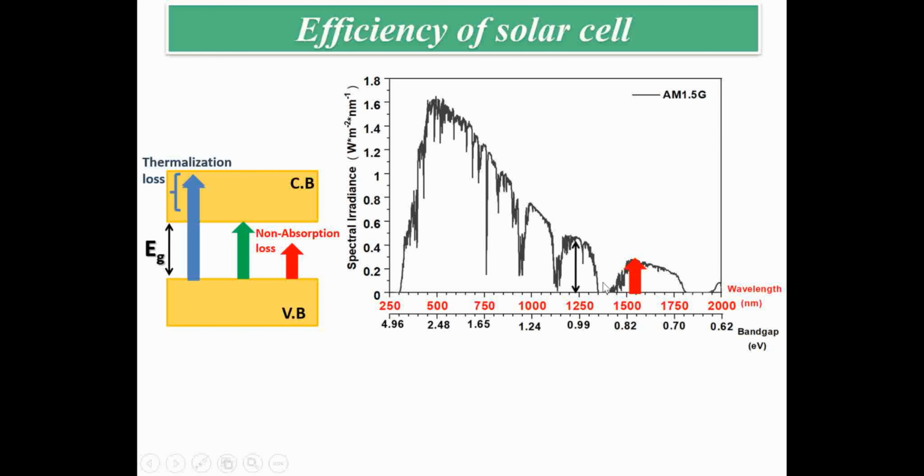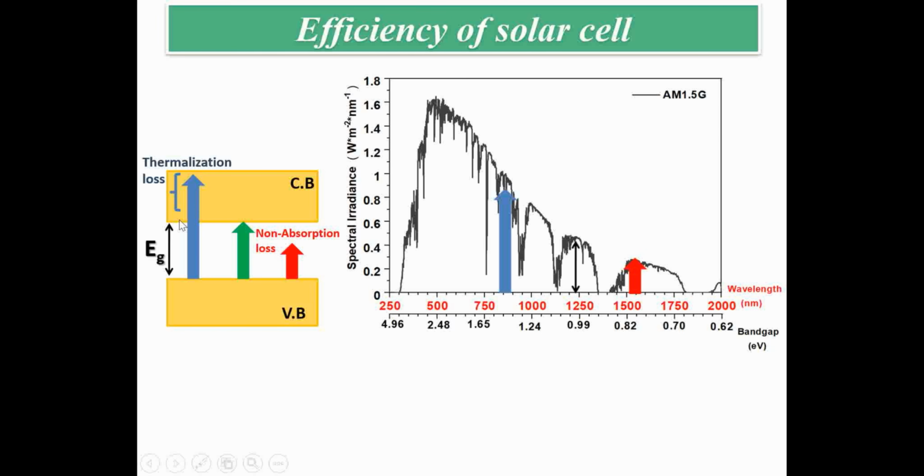And if the photon energy is greater than the band gap energy, as in the case of the blue photon, it has a higher energy or a lower wavelength. What is happening here is that part of the energy goes to waste. The energy above Eg, more than the band gap, is lost in warming up the lattice.